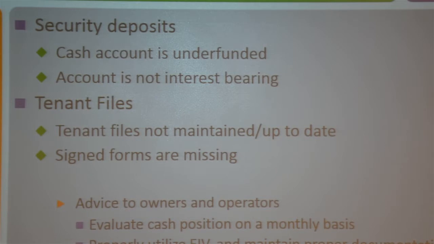The second one that came out of class was a smaller entity, 50 or 60 units or something like that. The test was performed and everything was perfect. But somehow along the way, one of the auditors made an observation that the only consents in the file were the original consents.